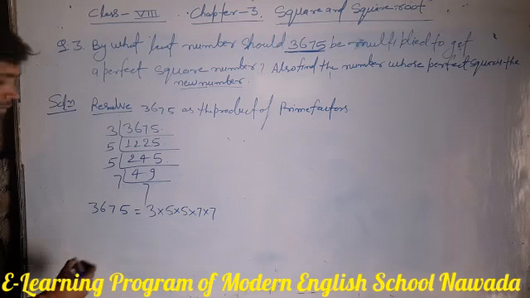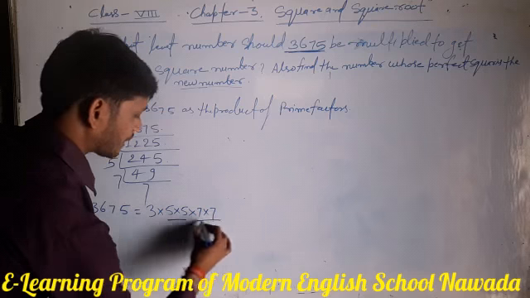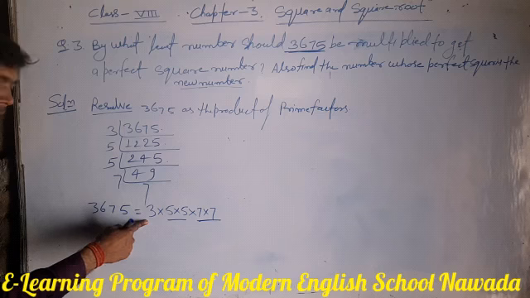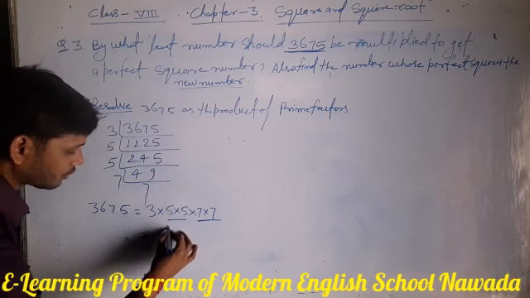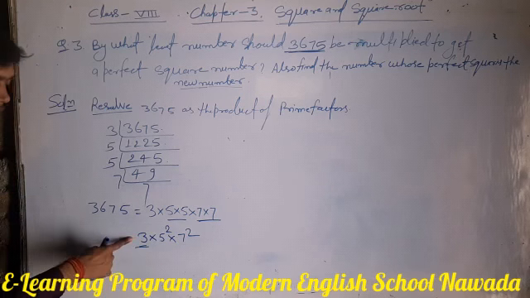Here you observe 5 has a pair and 7 has a pair, but 3 has no pair. So it is equal to 3 into 5 square into 7 square. 3 is not a square.